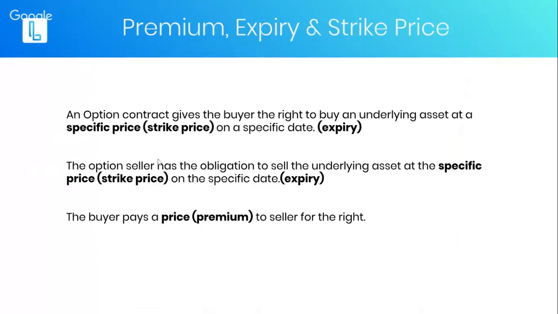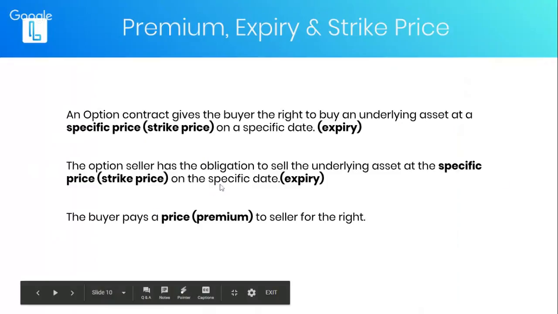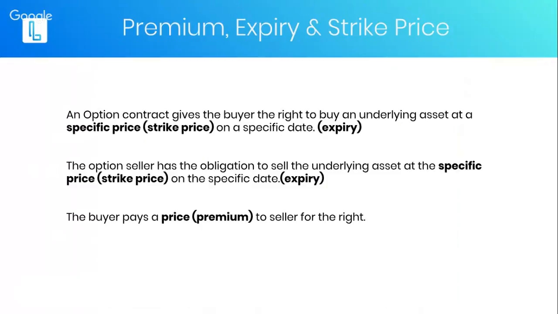So in such a case, what happens is the option seller now will have an obligation. Remember, the buyer has a right, but the seller has an obligation. He has an obligation to sell the house, the underlying asset, at the same specified price, that is the strike price, on the specified date. So he has the obligation to do that. That's what is meant by a call option.